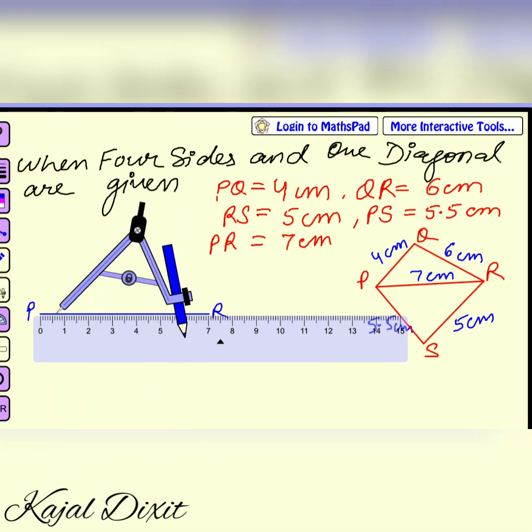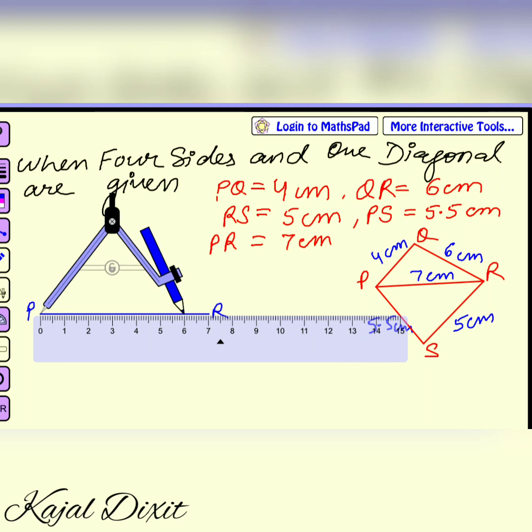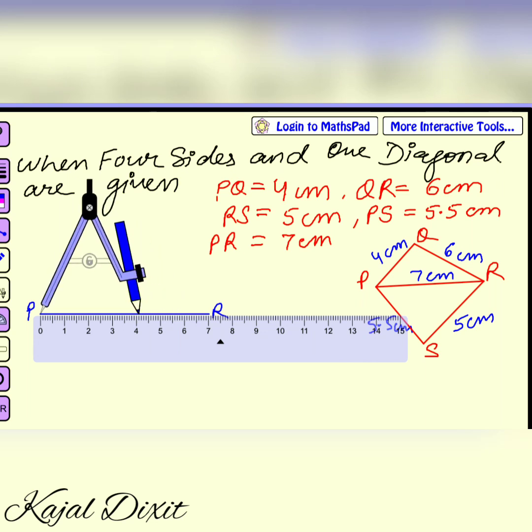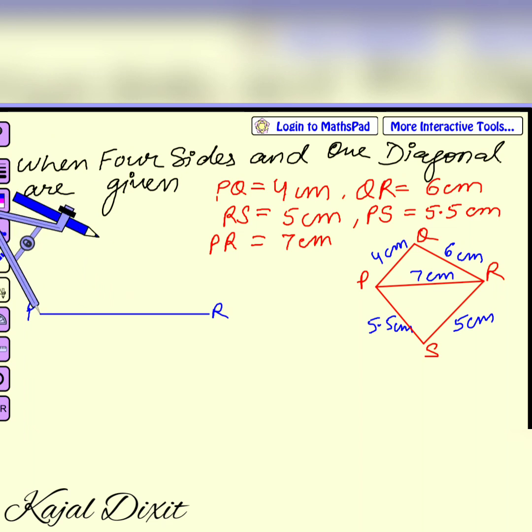The compass will be used to measure an arc length of radius 4 centimeters. Once we have taken the measurement of 4 centimeters, we will remove the scale and draw an arc of radius 4 centimeters, somewhat like this.